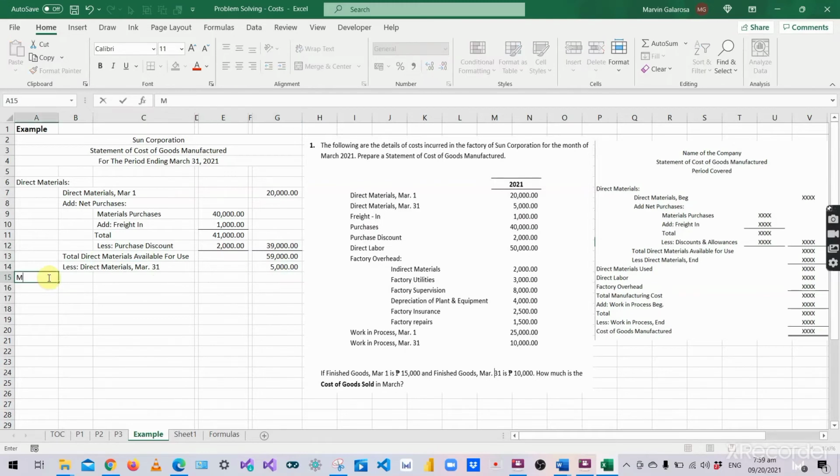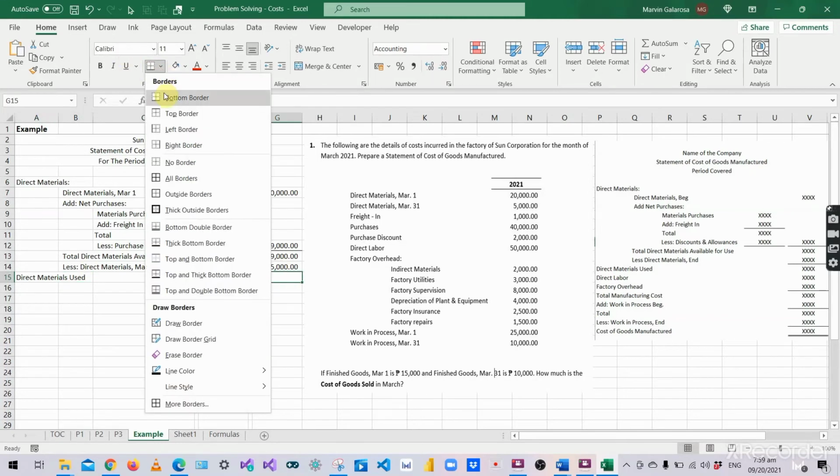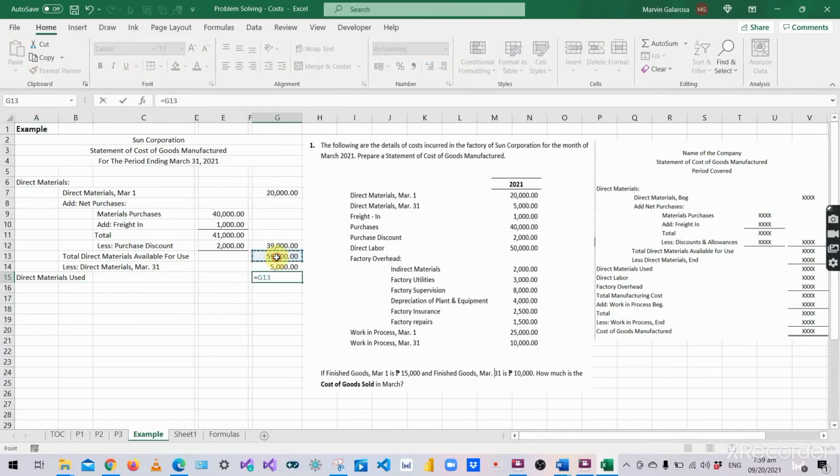You will get the direct materials use. $59,000 minus 5,000, that is 54,000. And then we add the direct labor, $50,000.